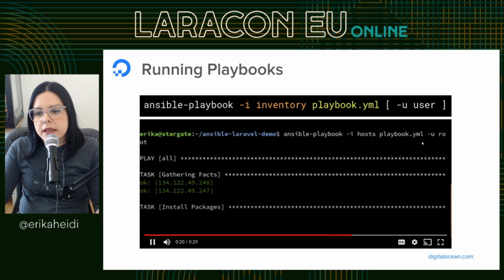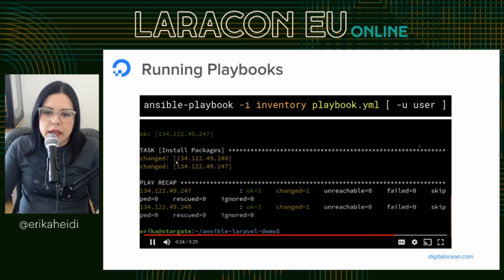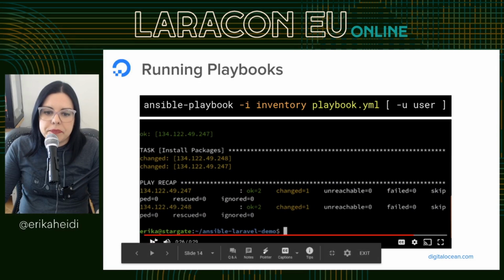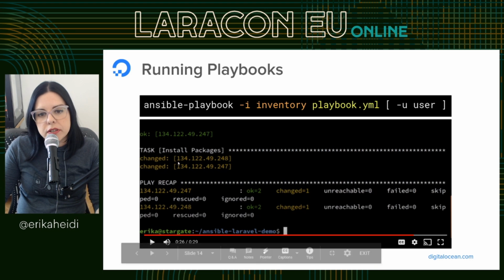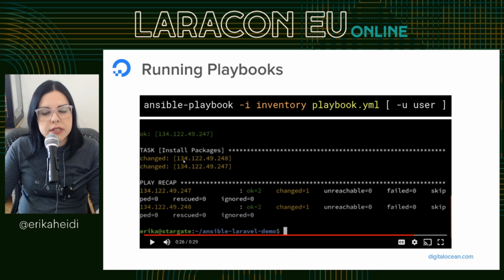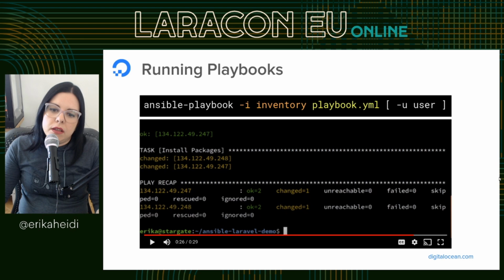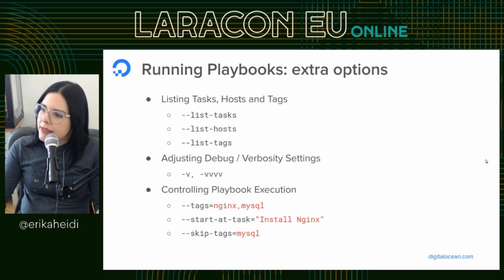In this case, I am providing a user option to connect as root, and then you see the output from the execution. So both servers, I have two servers in this inventory file. And then when you install the packages, you see that there is a change. So a state has changed on the servers, and this is going to be outputs for you.